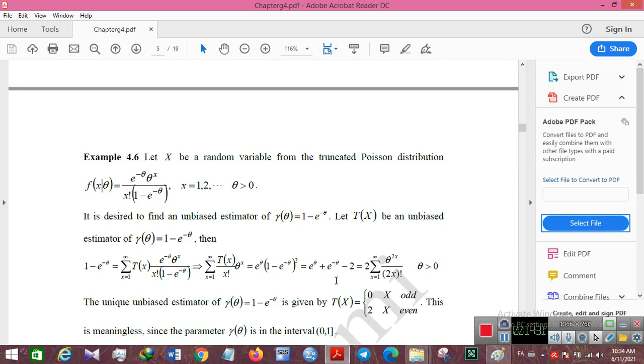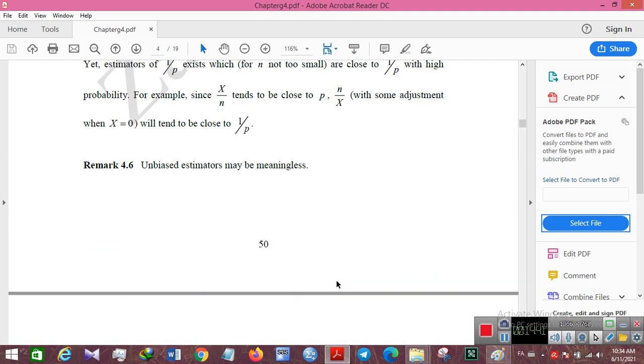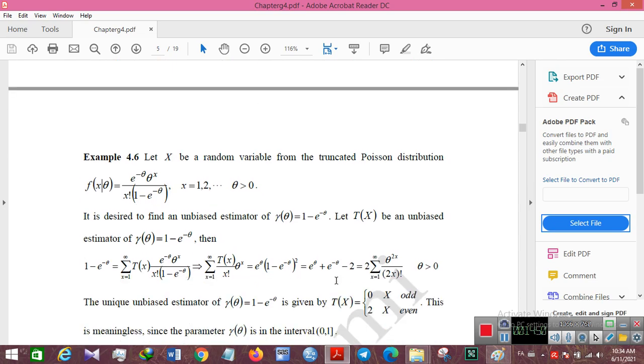And sometimes the unbiased estimator is misleading and meaningless. For example, here we have a truncated Poisson at 0.